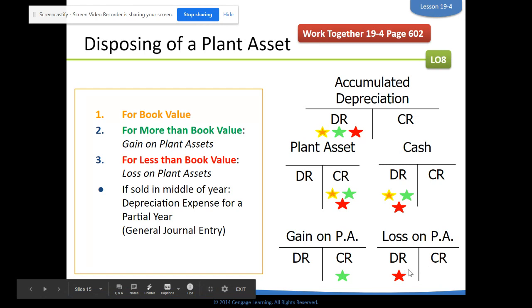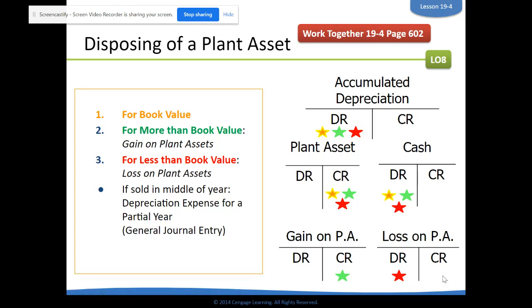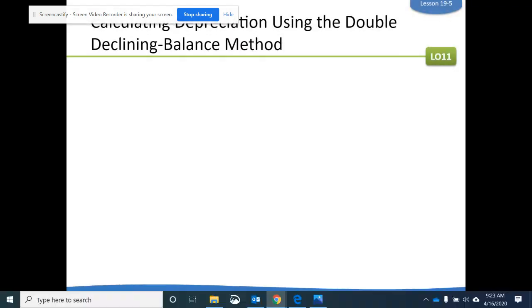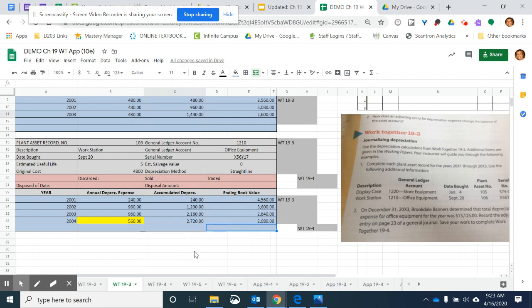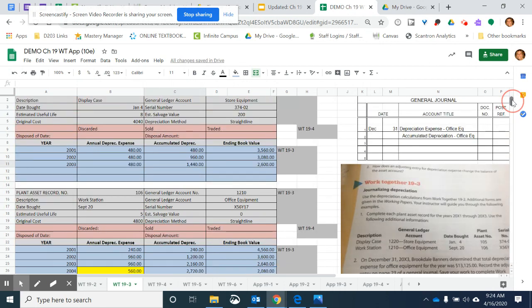It's decreasing our income flow. We actually lost money on the books. So that's going to be a debit. So a loss on a plant asset is a debit. Okay. So we're going to get out of here and we're going to jump right into our sheet. Just as a review, this is what we did last time.